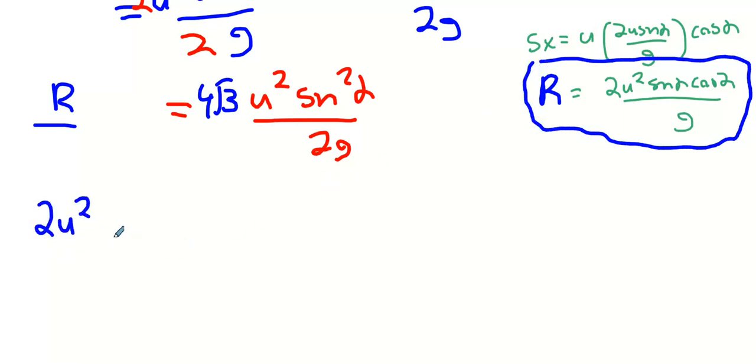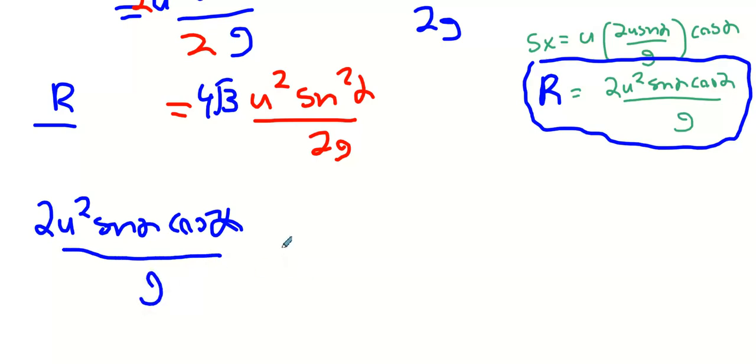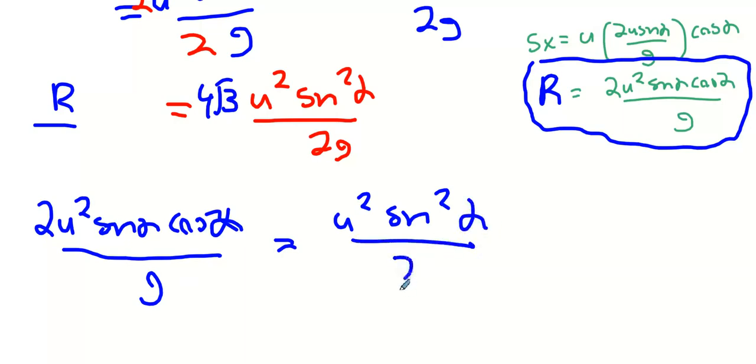2u squared sine alpha cos alpha all over g equals u squared sine squared alpha all over 2g. Now what now? Comes to the g's. Oh, wait. I did something weird. I forgot the 4 root 3, didn't I?